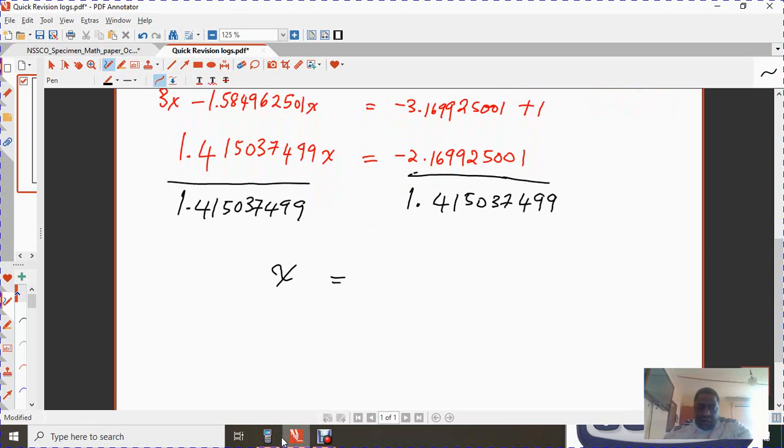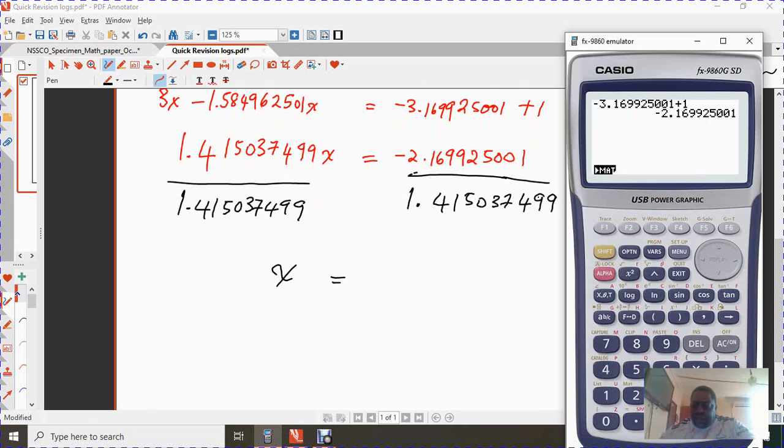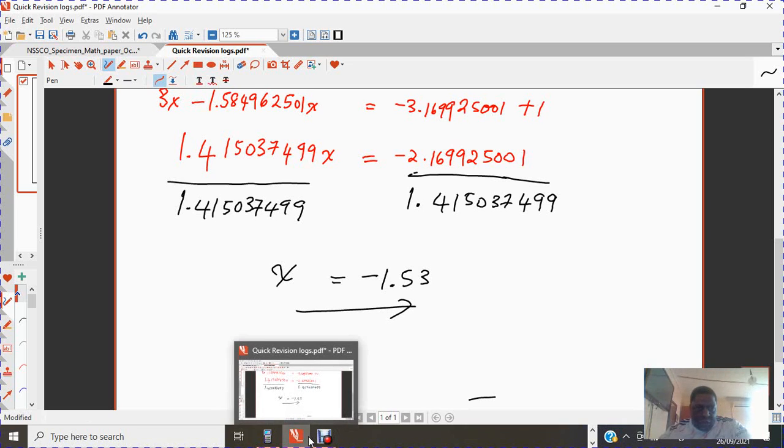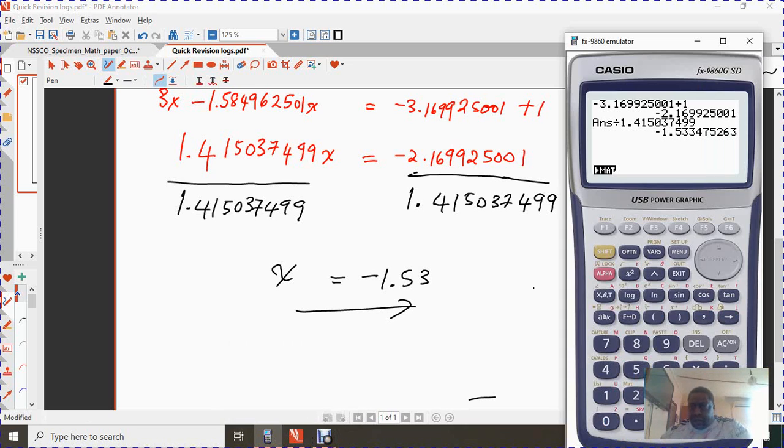Let's grab our calculator and divide this answer by 1.415037499. I'm going to get x as negative 1.53. Let me quickly make sure from the calculator: negative 1.53.